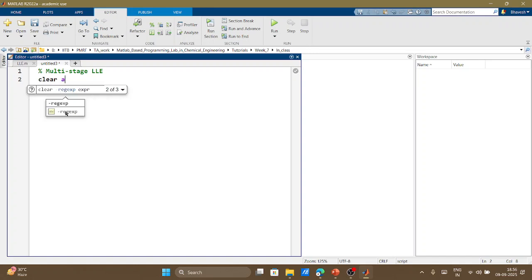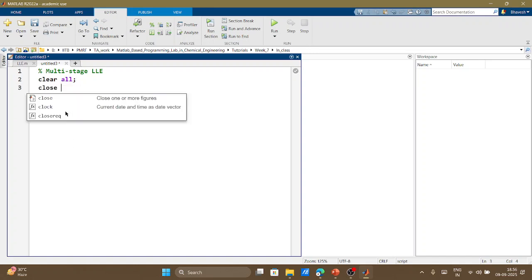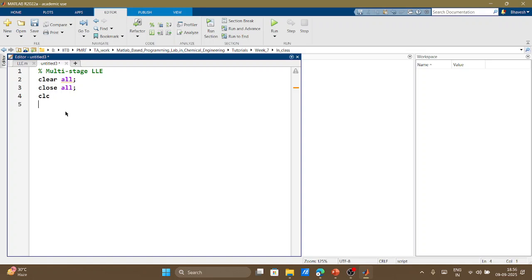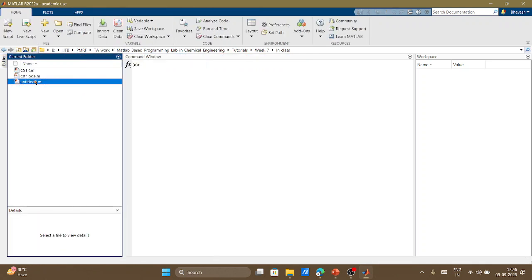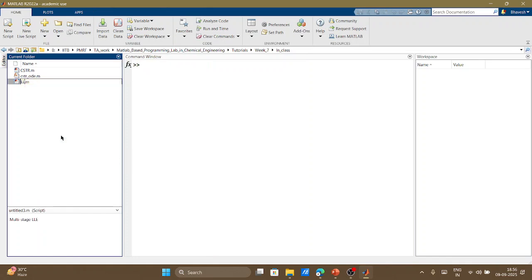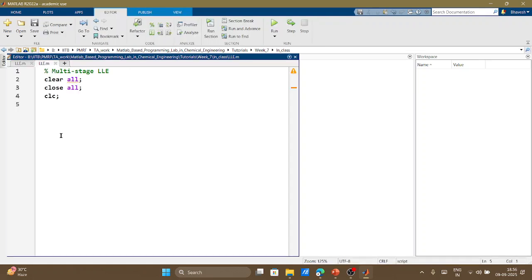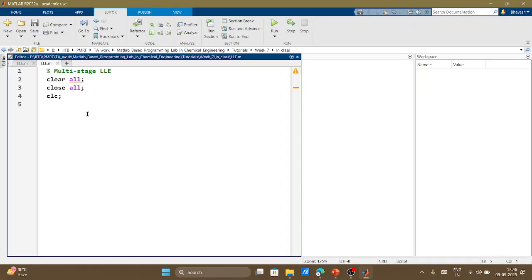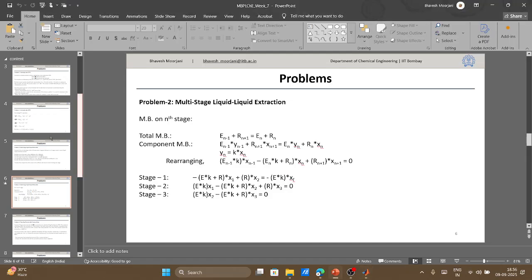Always start with removing previous variables, removing previous graphs, okay? Once that is done, did I change the name? I didn't. Okay. Now the given data, it says what information we have.